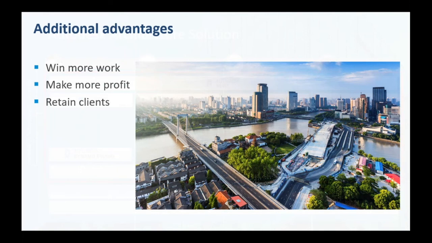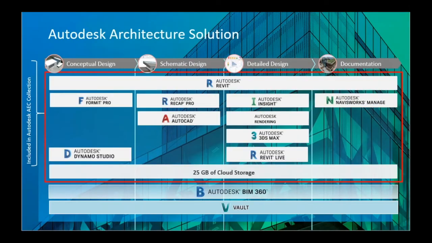So these are the tools that you can use in an architectural solution. Forma Pro and Dynamo Studio can be used at the conceptual stage. Revit can be used across all stages when it comes to schematics, detailed design, documentation. Insight is for building design performance and analysis, rendering, 3ds Max, Revit Live.